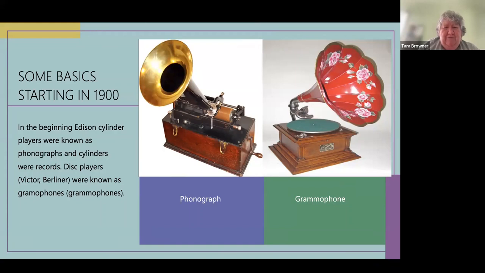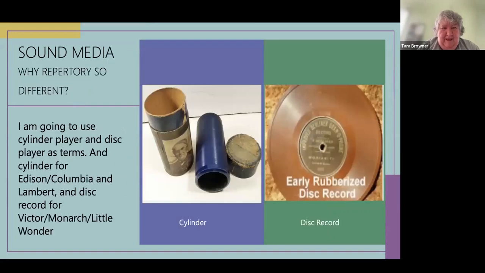So what I have on the left here is a phonograph, and what's on the right is a gramophone, in the way that people spoke about these things at that time. So Edison cylinder players were known as phonographs, and what we know as cylinders were records then, and disc players were known as gramophones. I'm not going to do that in talking about this, because I have found out that it can be confusing for 21st century folks.